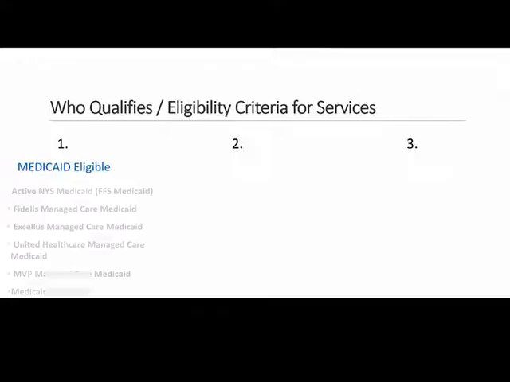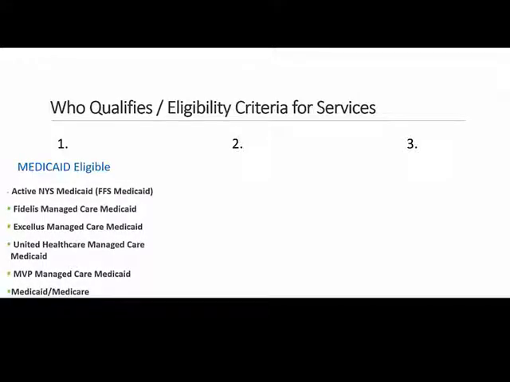So who qualifies for health home services? There are three main requirements. To receive health home care management services, one must be Medicaid eligible. Now this includes active New York State Medicaid, Fidelis Managed Care Medicaid, Excellus Managed Care Medicaid, United Healthcare Managed Care Medicaid, MVP Managed Care Medicaid, and Medicaid Medicare.